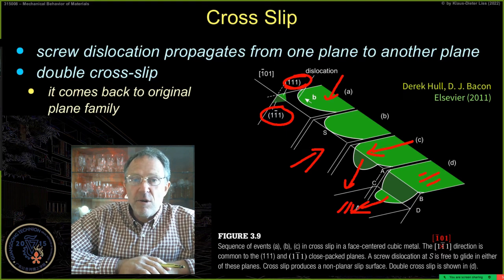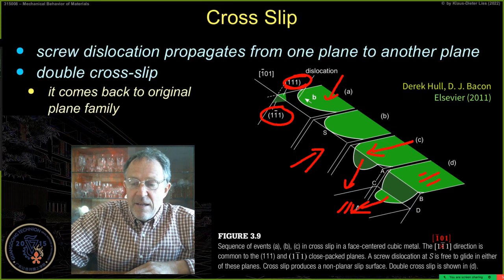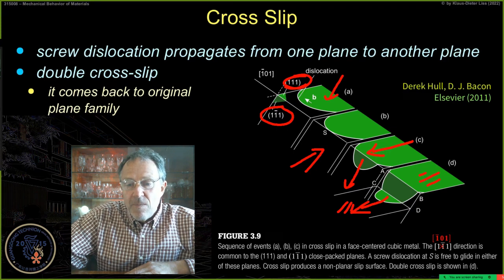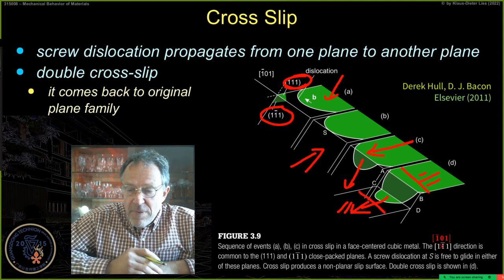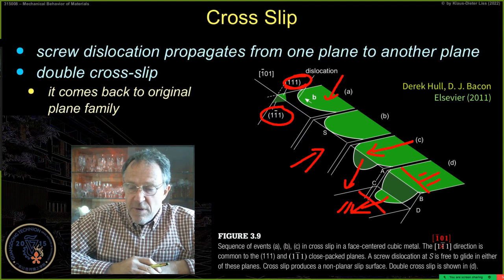And this we call cross slip. So then we have transferred the dislocation line from this plane to that plane, which in this sketch is further down.